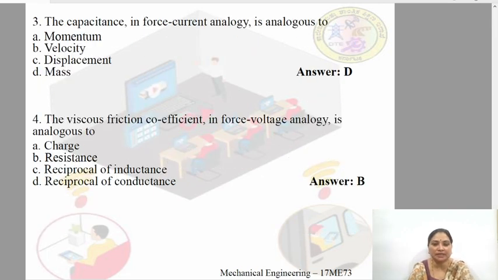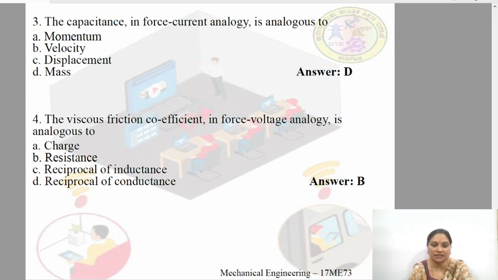The third multiple choice question is, the capacitance in force current analogy is analogous to: A. Momentum, B. Velocity, C. Displacement, D. Mass. Here in force current analogy, capacitance is analogous to mass.